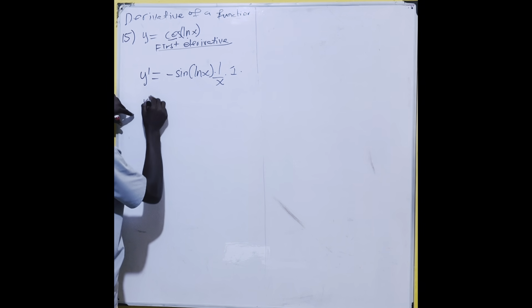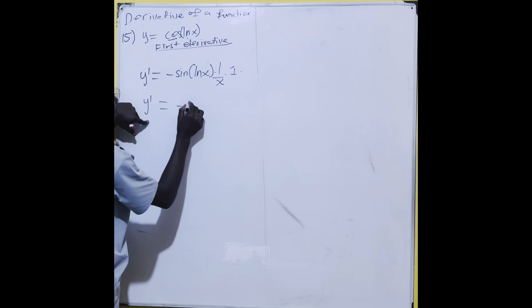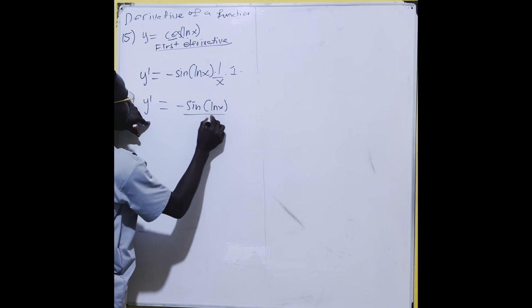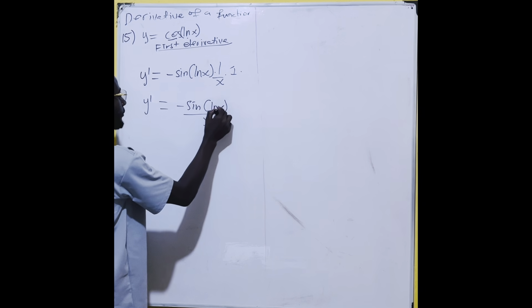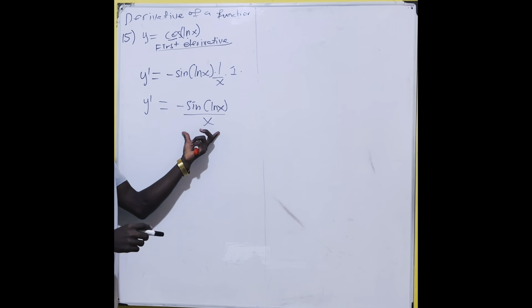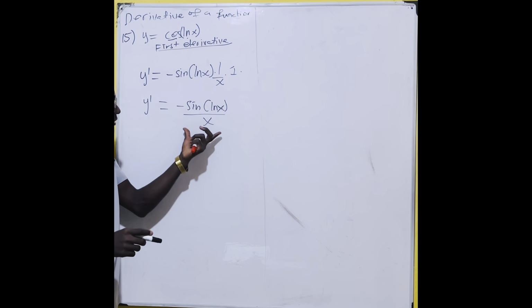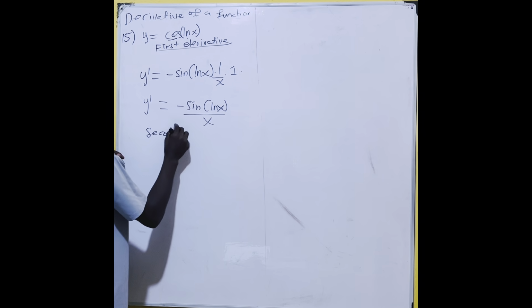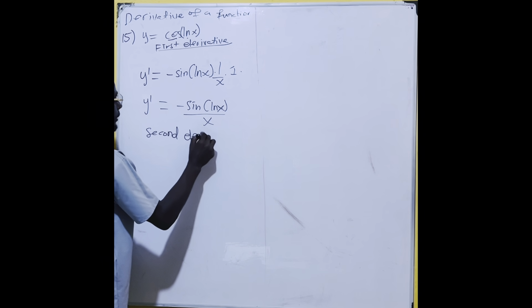So we have y prime equal to negative sine of ln x divided by x. Okay, so this is what we have at this point. Now, we want the second derivative of this.